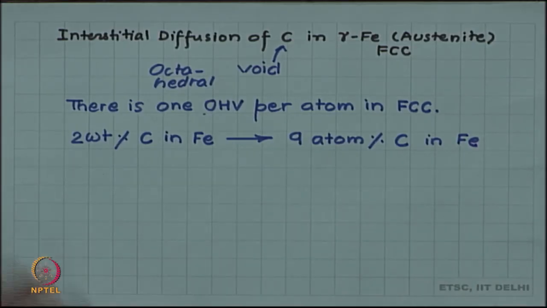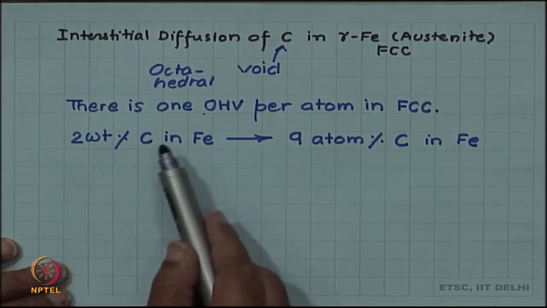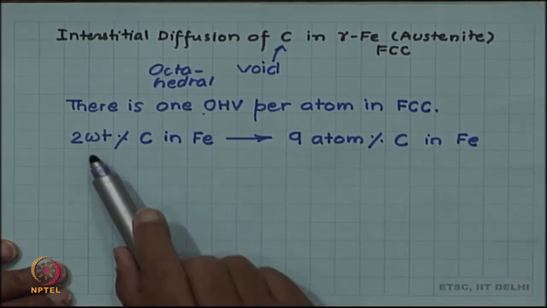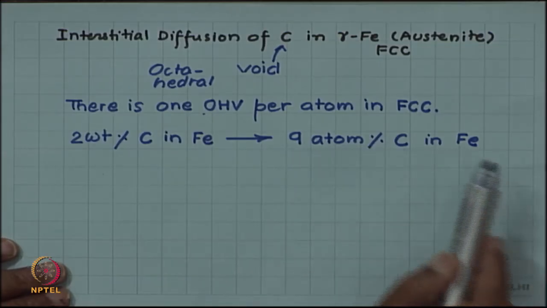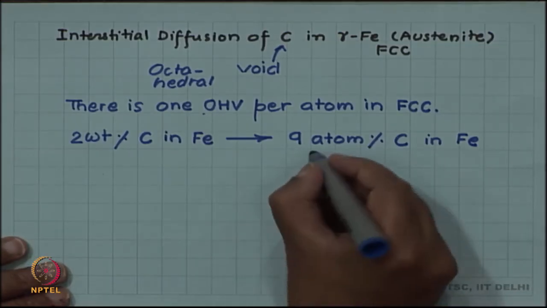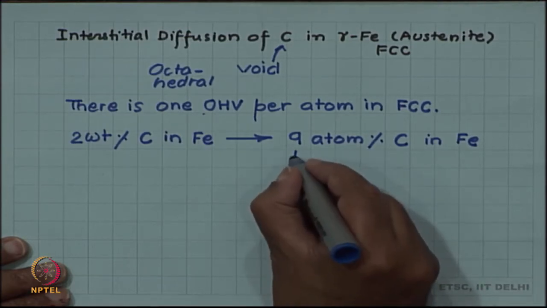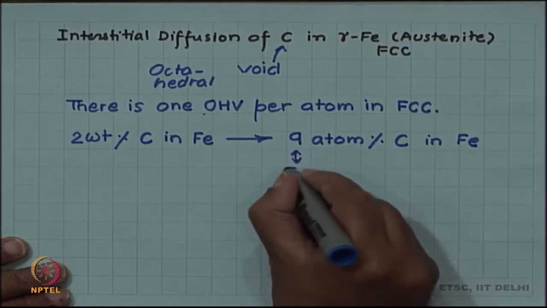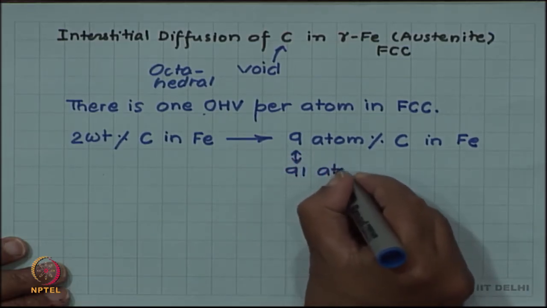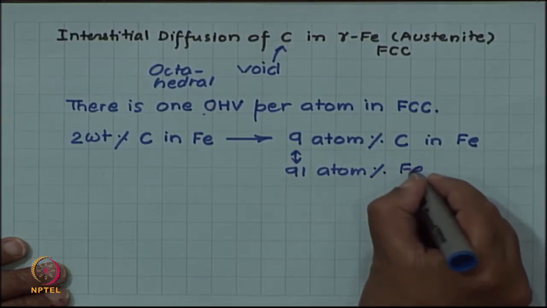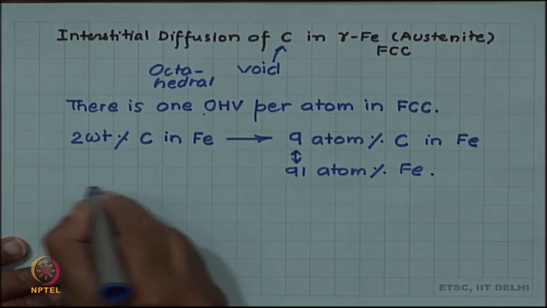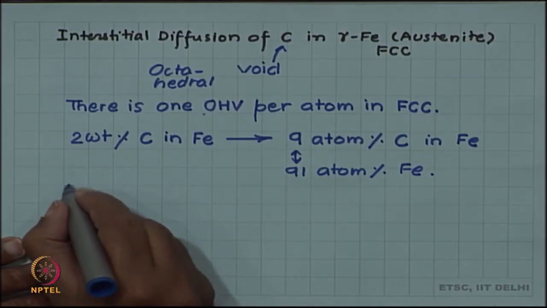Carbon is lighter. So, for a given weight there are more carbon atoms than iron atoms. So, 2 weight percent carbon, if you calculate the atom percent, you will get 9 atom percent carbon, which means equivalently 91 atom percent iron. So, let us calculate for 100 atoms.